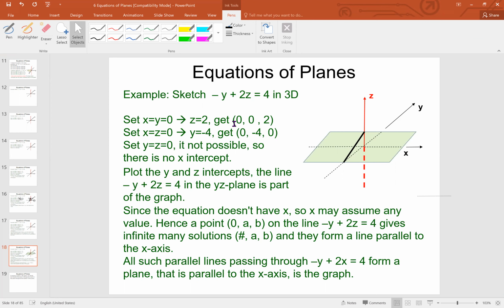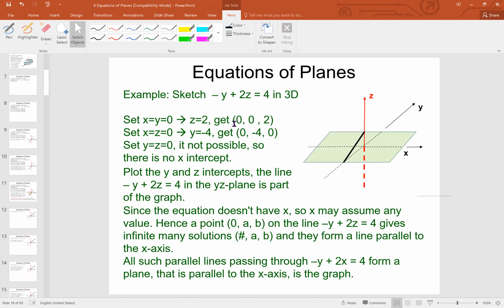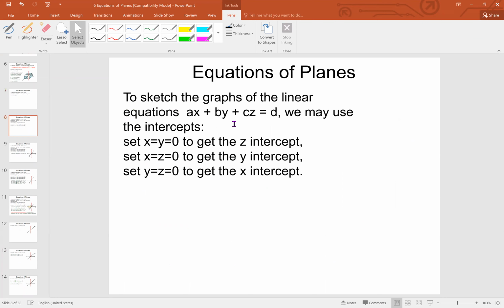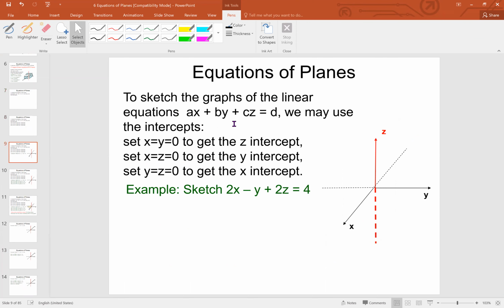And finally, we come to how we graph a plane where all three variables are there. The way we graph the plane is we graph the intercepts. For example, here it's an equation with x, y, and z all present.